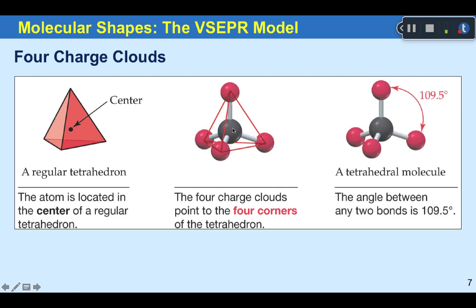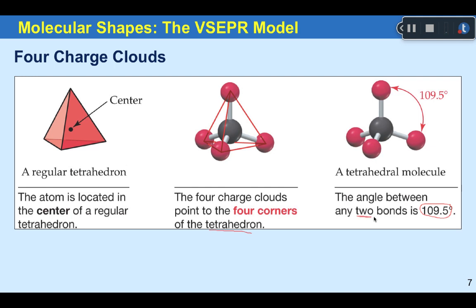And if they're as far apart as possible from one another, that tetrahedron has a geometry with a bond angle of about 109.5 degrees, well, 109.45 or something, but we're not going to fight about that many digits. So the tetrahedral molecule will have this type of angle between any two bonds of 109.5.